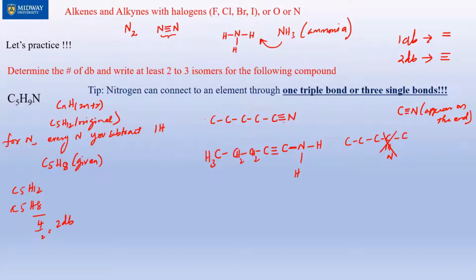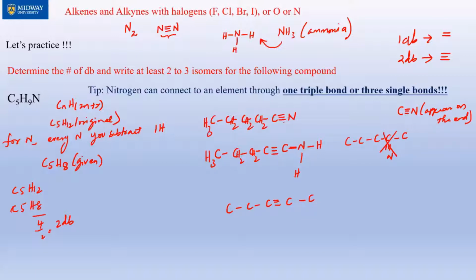Again, it's important you keep track of your carbon bond count, nitrogen bond count, and hydrogen count, okay? You can also try this way. Say if you want to do the triple bond on the inside, like I said, the nitrogen must have single bonds, right?